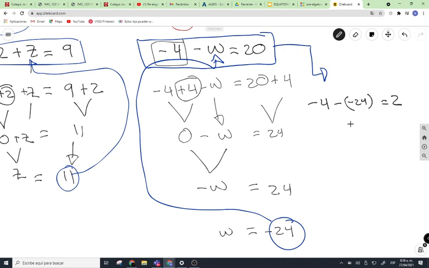Why did I put it here? Because the w without the negative is negative 24. I just replaced it. So what happens when you have these two? Negative 4 minus 24 is simply 20. If you do this operation, it's going to be 20. So yes, this is true.